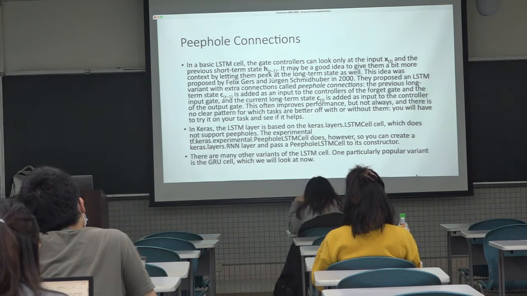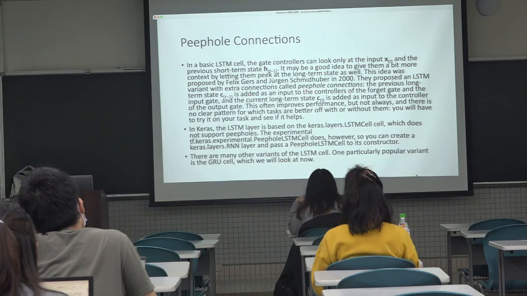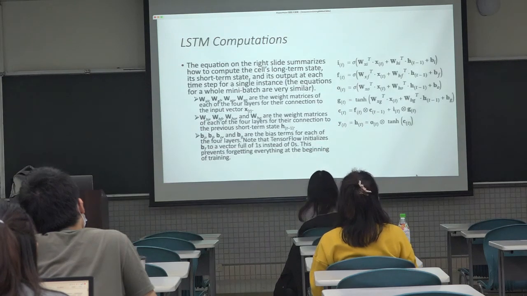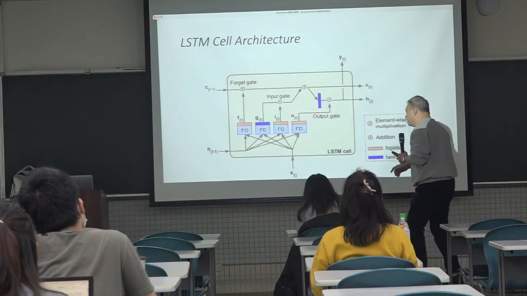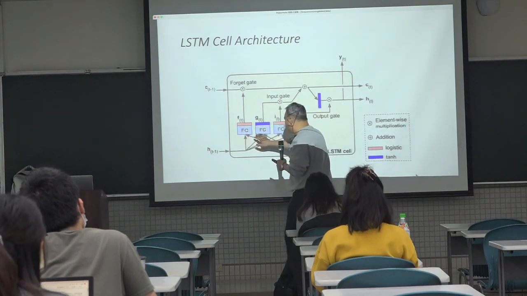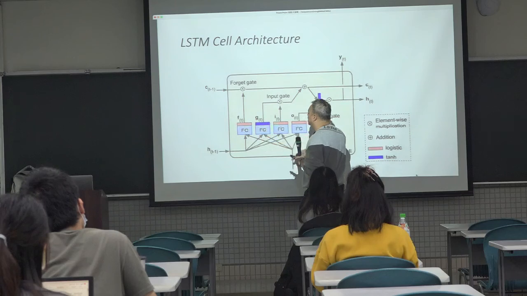But some people believe it would be a good idea to give them also the long-term information. So in other words, at this moment, this is the current version of the LSTM cell.